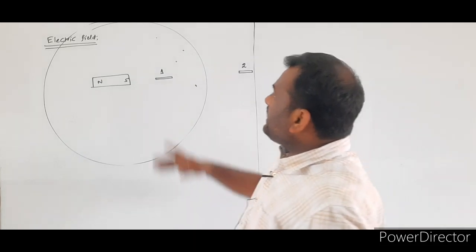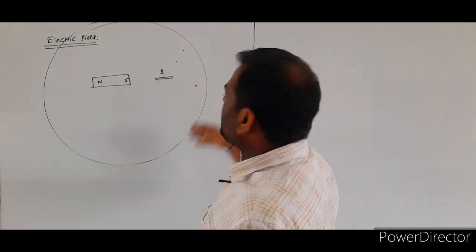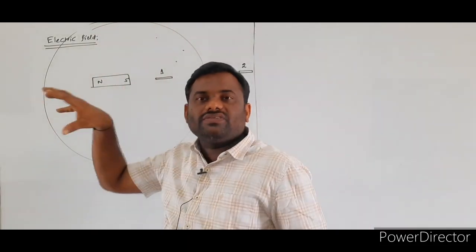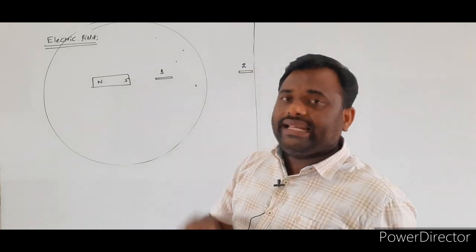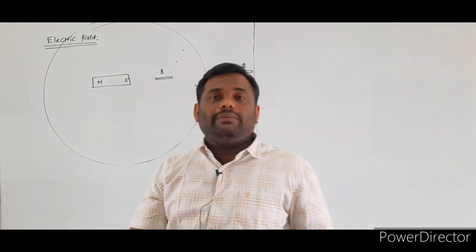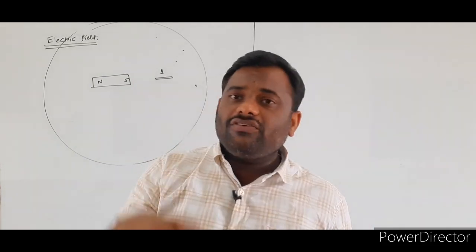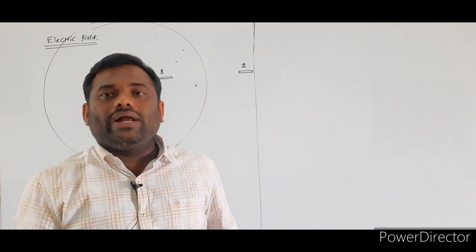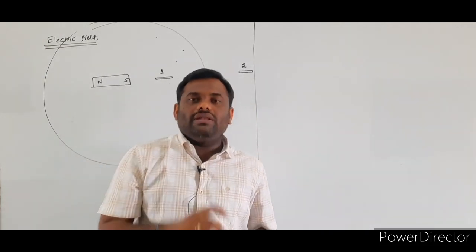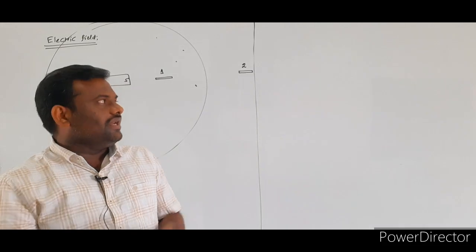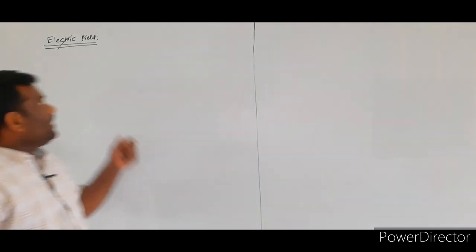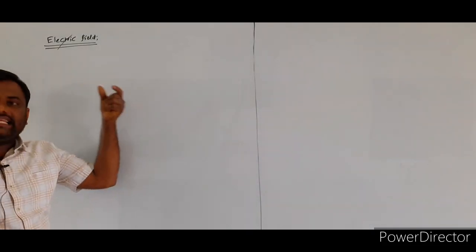So the region surrounded by the bar magnet, where its influence exists, is called the magnetic field. Now, I want to define the term electric field.